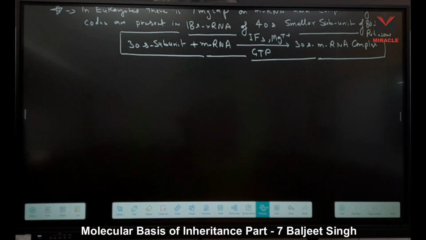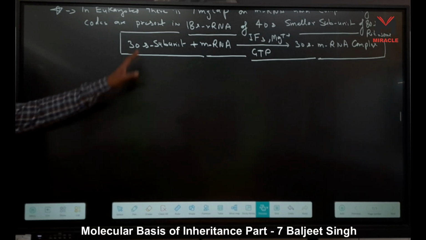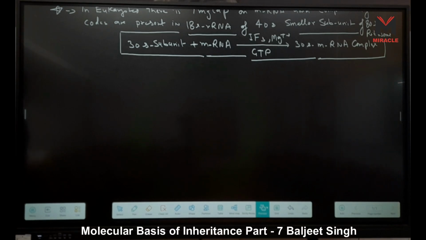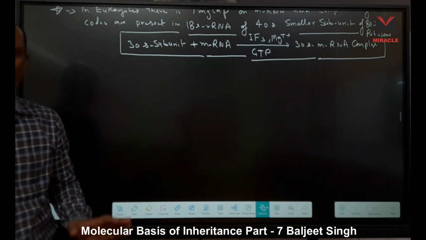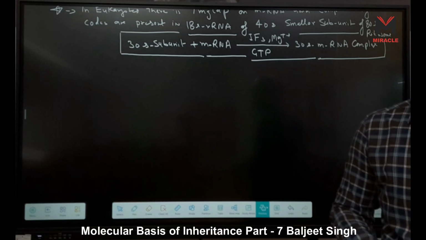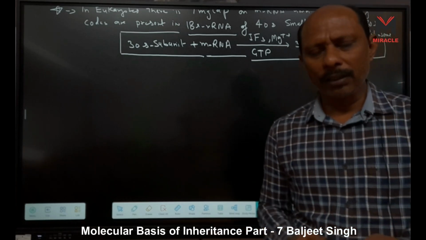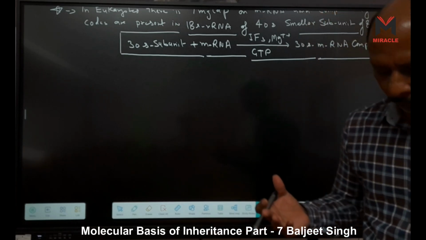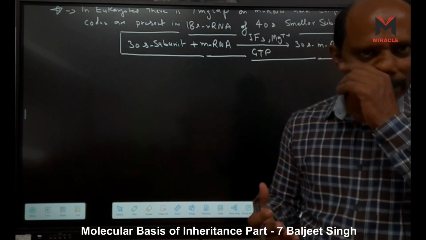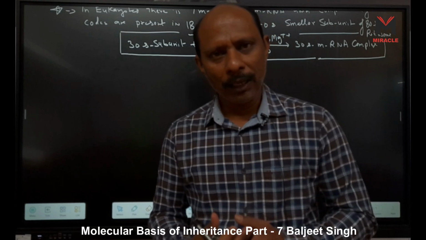Now this 30S messenger RNA complex, which is formed here, reacts with the formyl methionine transfer RNA complex. Here you can also say it is an aminoacyl transfer RNA complex, right?